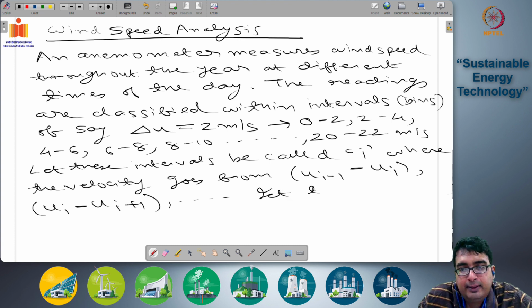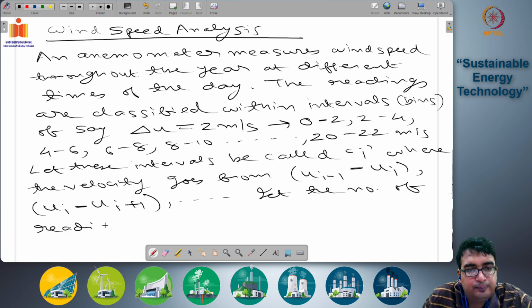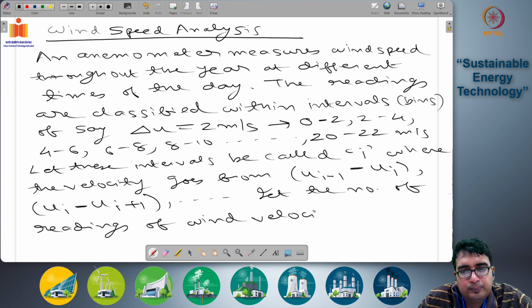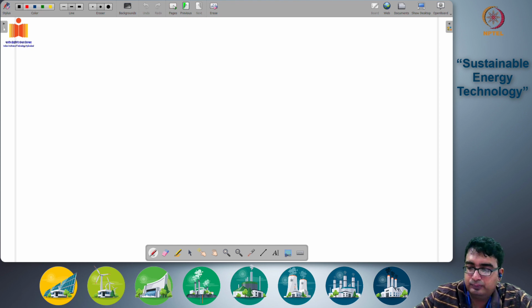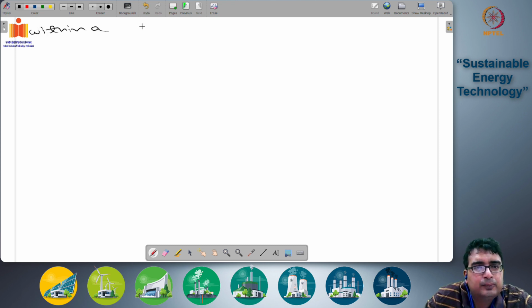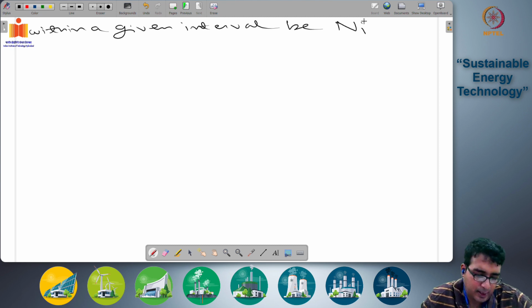Then let the number of readings of wind velocity falling within a given interval be ni.